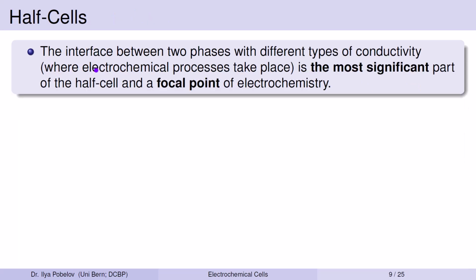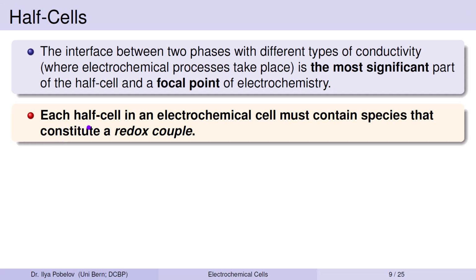This interface between two phases with different types of conductivity, where electrochemical processes take place, is the most significant part of the half cell and a focal point of electrochemistry. Importantly, each half cell in an electrochemical cell must contain species that constitute a redox couple.